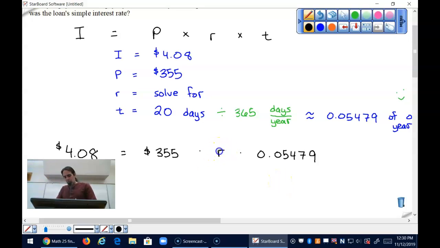Okay, I have my R in the middle. How do I get this R by itself? No. If all I had was multiply by 355, how would I get R by itself? Divide by the 355. That makes sense. So we'll start with that. We'll divide both sides of the equation by 355.